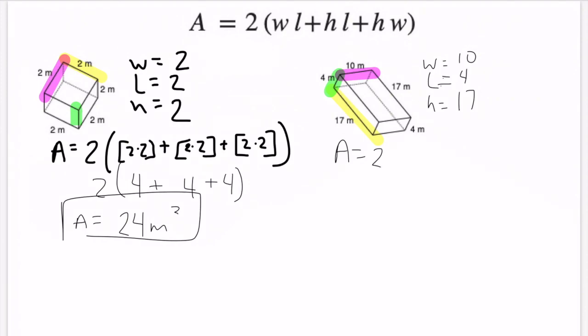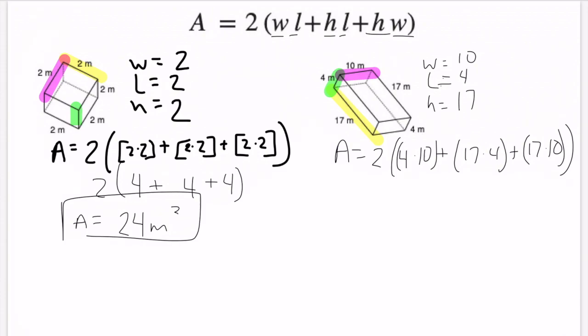Area equals 2 times width times length, so 4 times 10, plus height times length, so 17 times 4, plus height times width, which is 17 times 10.